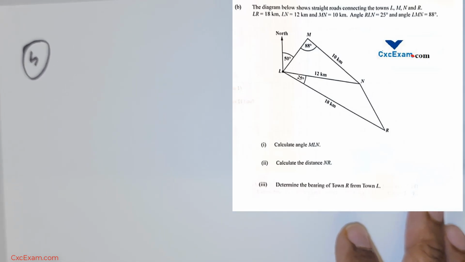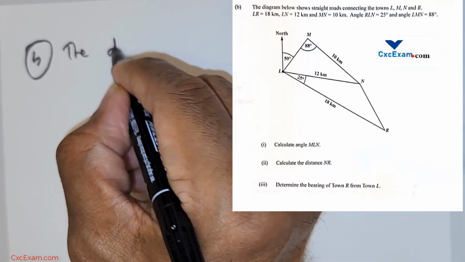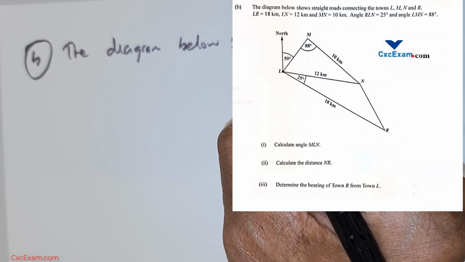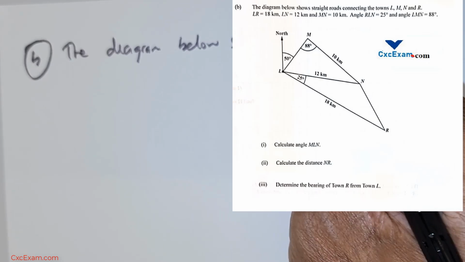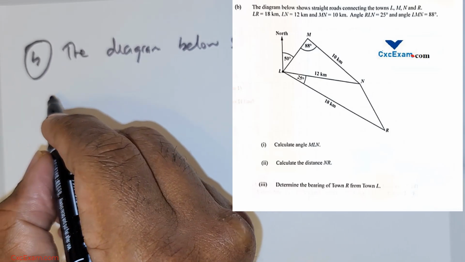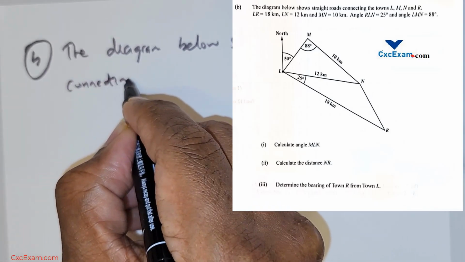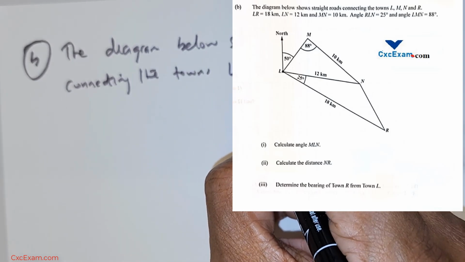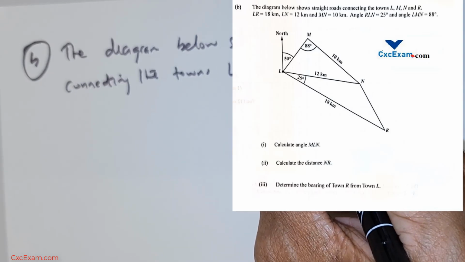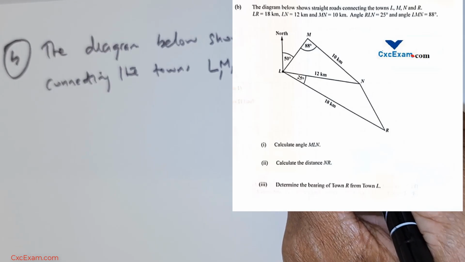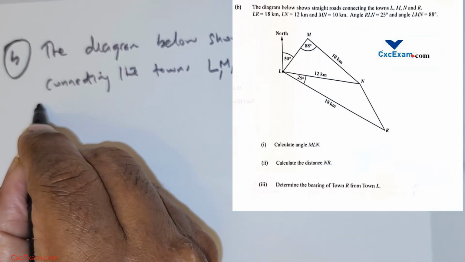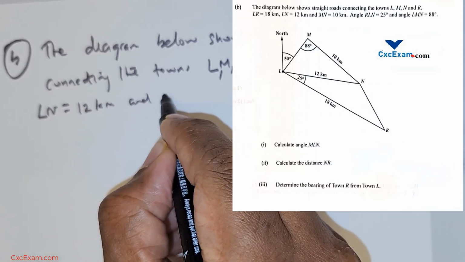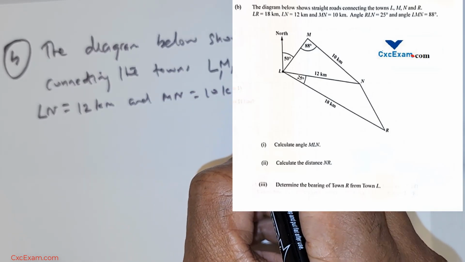Okay, so this is question B. Let me write that down. The diagram below shows straight roads connecting towns L, M, N and R. LR is 18 km, LN is 12 km and MN is 10 km.